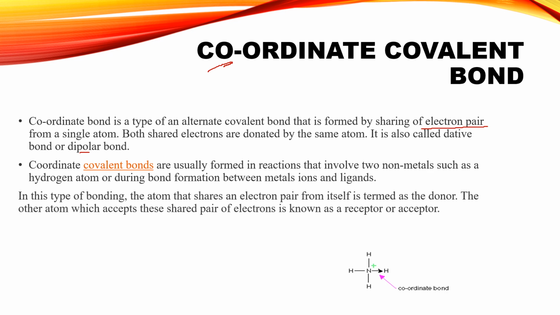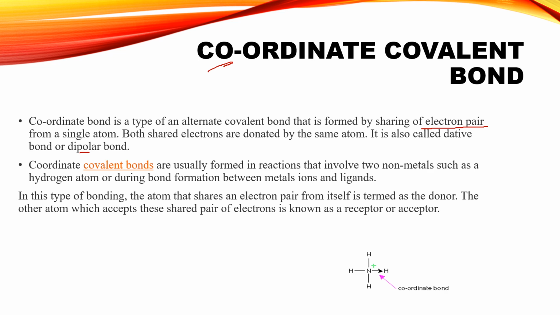In this type of bonding, the atom that shares an electron pair from itself is termed as a donor, right? જે એટમ પોતાના ઇલેક્ટ્રોન પેર શેર કરે એને શું કહેવાય? ડોનર. આપણે કંઈક આપણે આપી દઈએ તો આપણે શું કહેવાય? ડોનર.